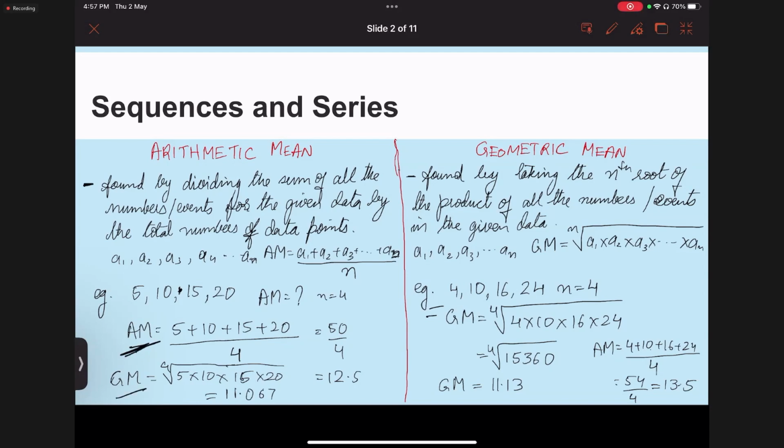So this is a difference we can see: the arithmetic mean and geometric mean for the same set of data are going to differ.